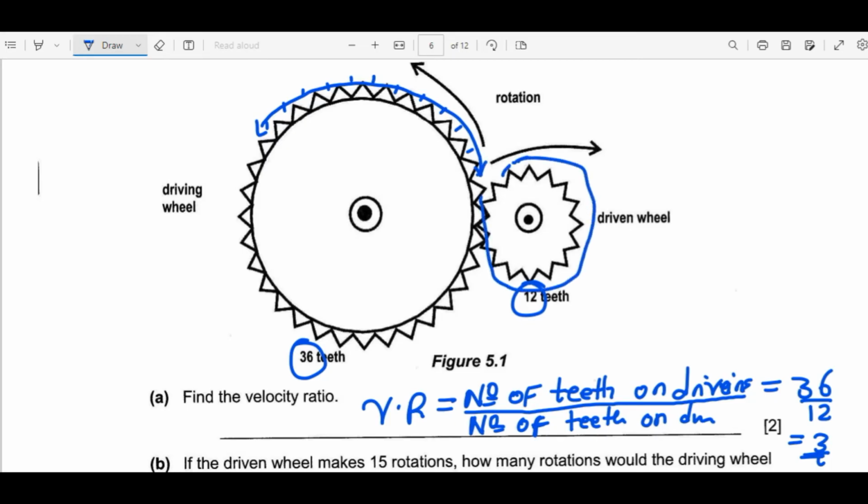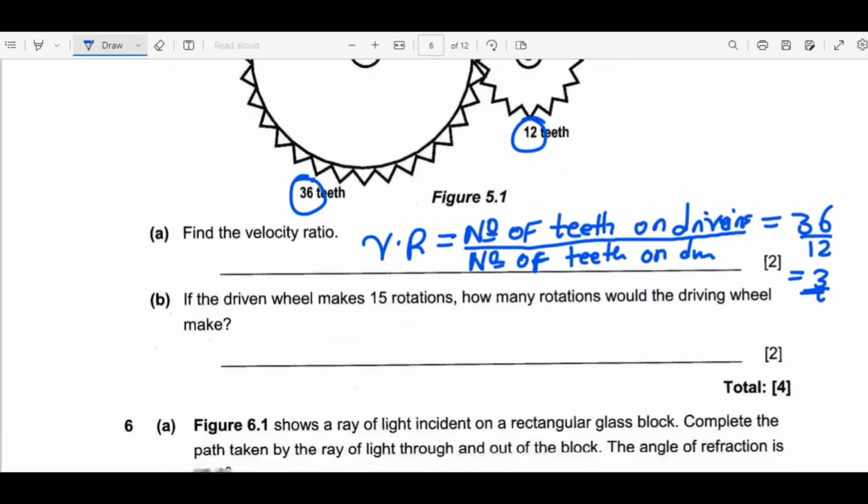One rotation of the driven wheel will just cover 12 teeth of the driving wheel, then another 12, another rotation. So for the driving wheel to make one complete rotation, the driven wheel must make 3 rotations.